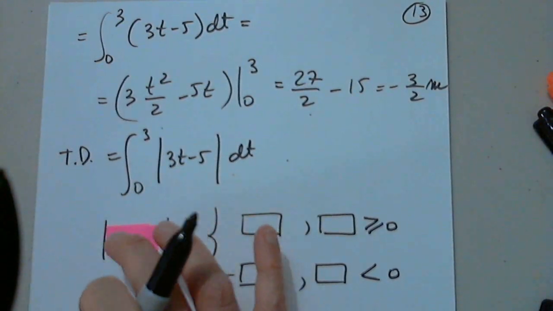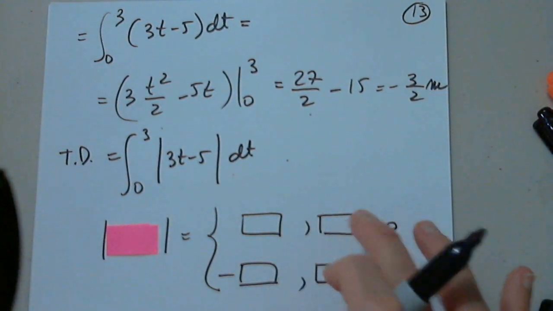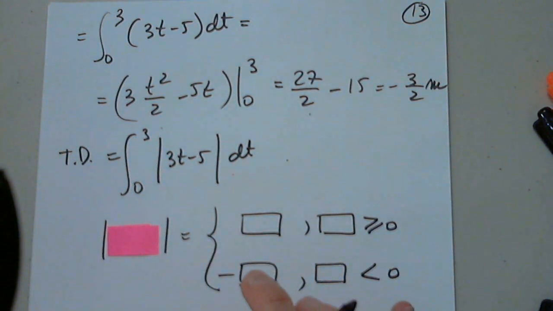The expression in absolute value equals the expression if the expression is greater than or equal to 0. The second option is negative the expression when the expression is less than 0. Absolutely. Is that clear?